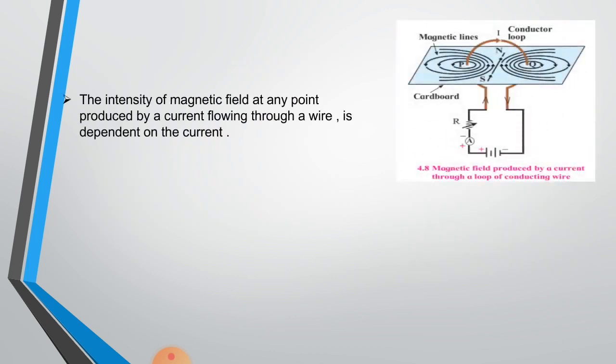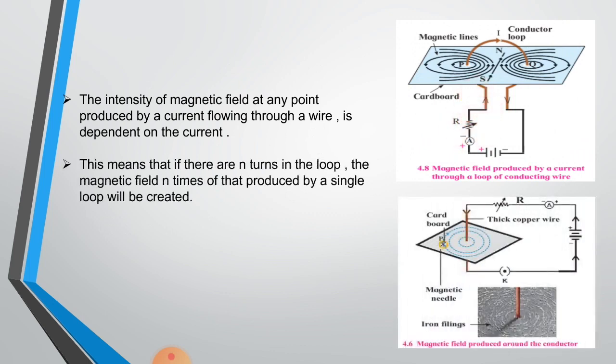Now the intensity of the magnetic field at any point produced by a current flowing through a wire is dependent on the current. So everything is dependent upon what? Everything is dependent on the current flowing through the circuit.